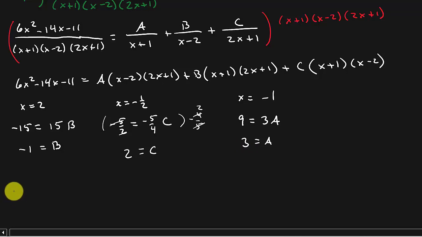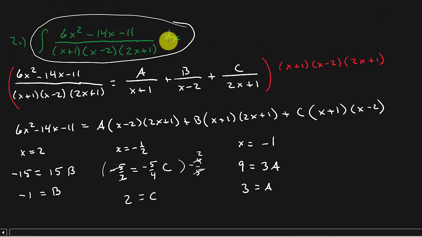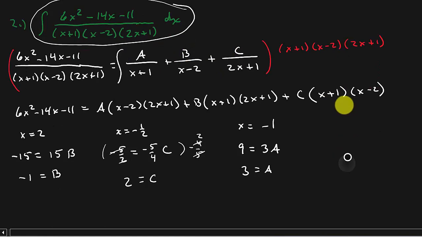And so now I've got this integral here, and I'm not going to rewrite this integral, but this integral is equal to the integral of this. Okay, so I've got to plug the a, the b, and the c in for each of those. And remember what I told you, I'm going to go ahead and write them split up.